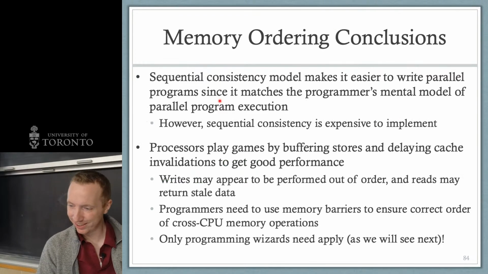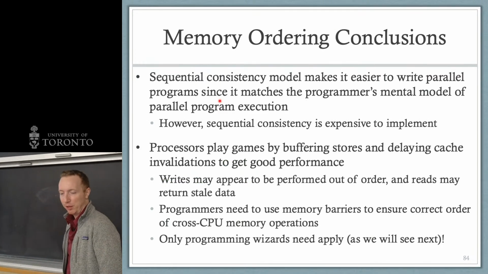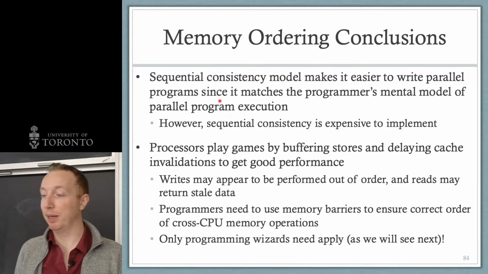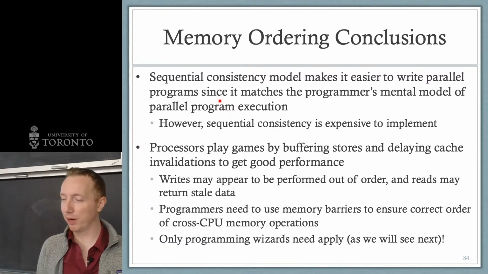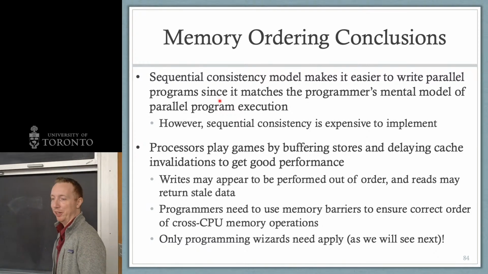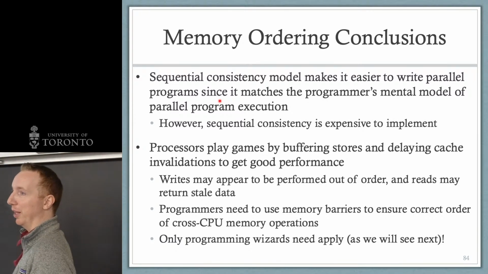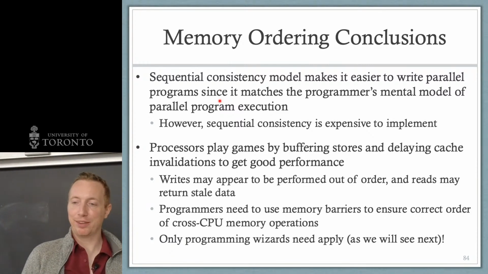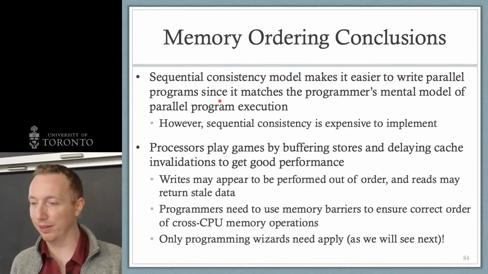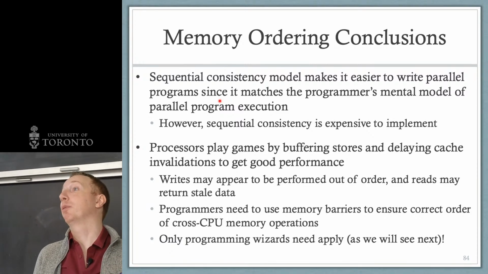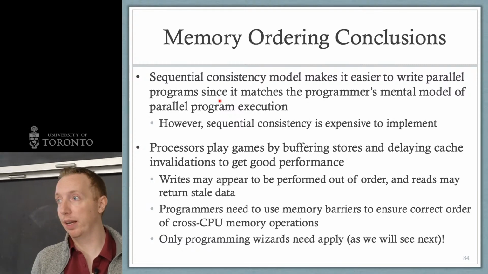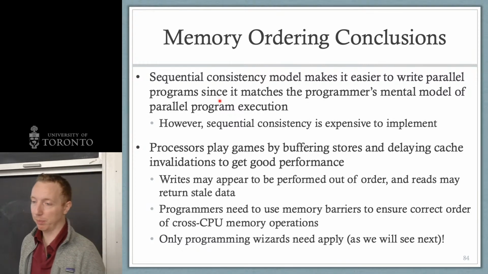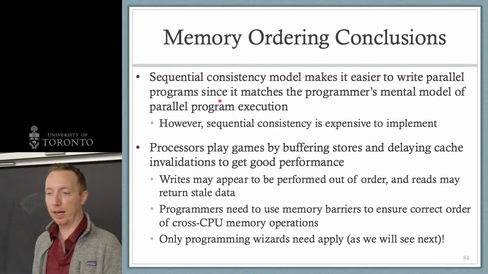So, some conclusions here. Sequential consistency makes it a lot easier to write parallel programs since it matches your actual mental model. The lines you write are actually executed in that order and everything's consistent, but that's really, really slow to implement, and no performant CPU on the planet actually does that.